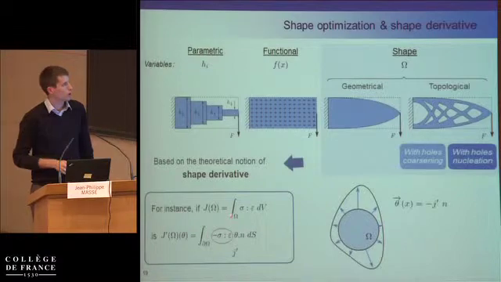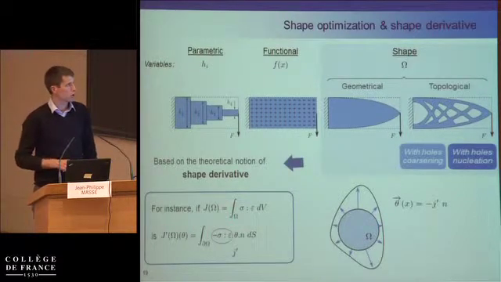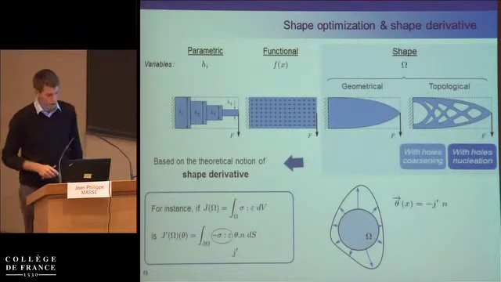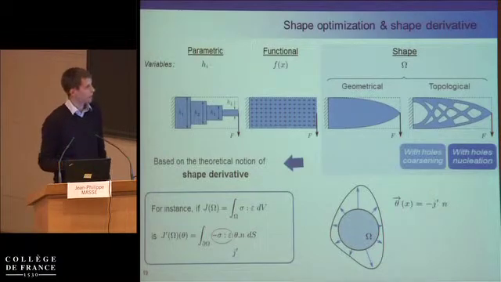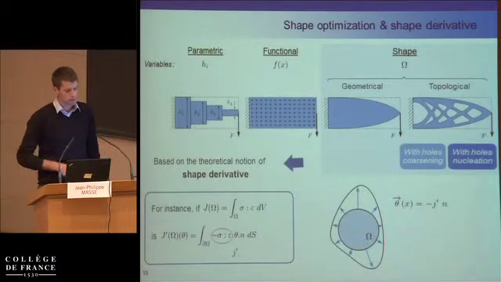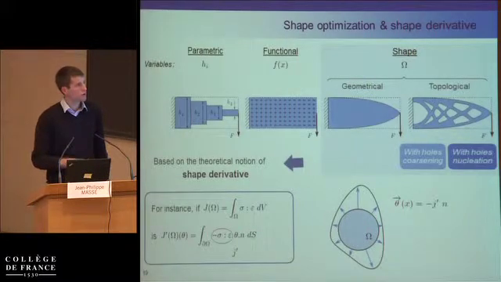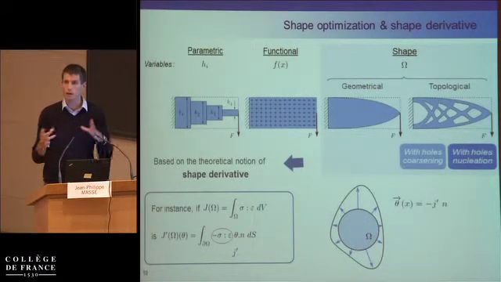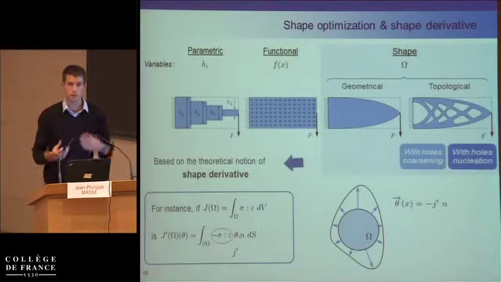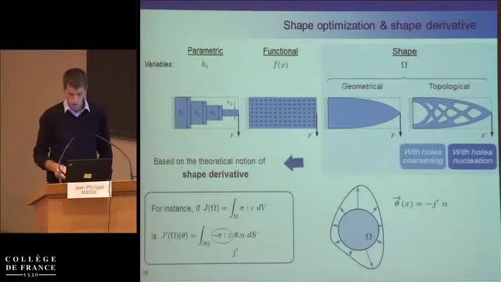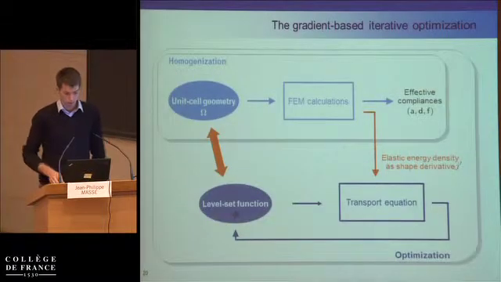One of the results is that when you optimize with respect to the compliance, you have an analytical result that tells you how to change the domain in order to get a stiffer geometry. So we'll use these results.